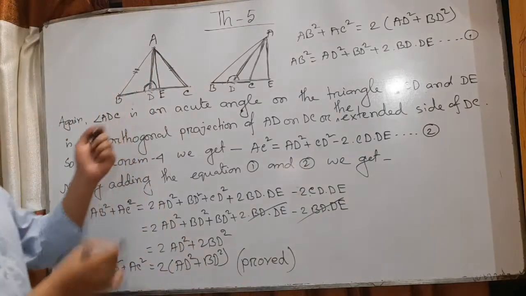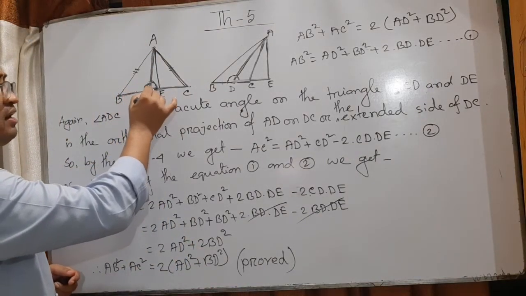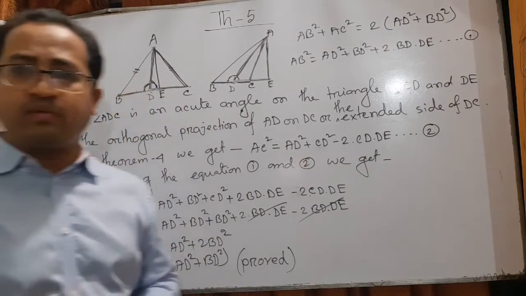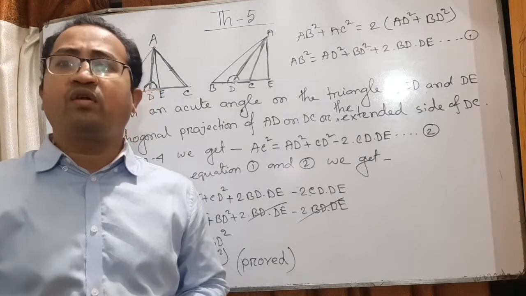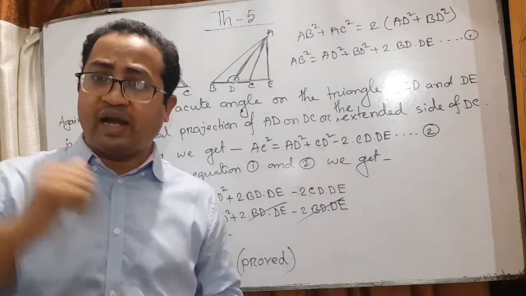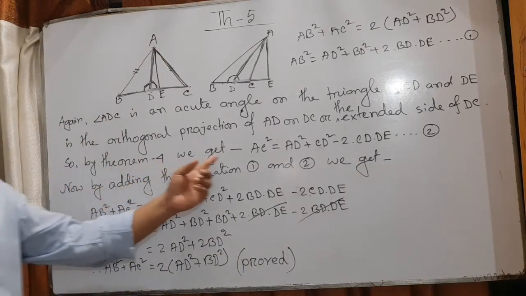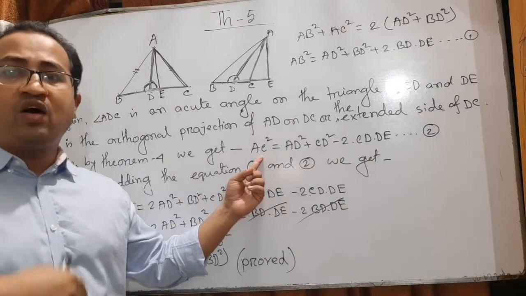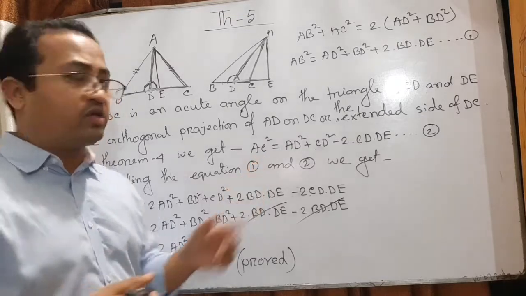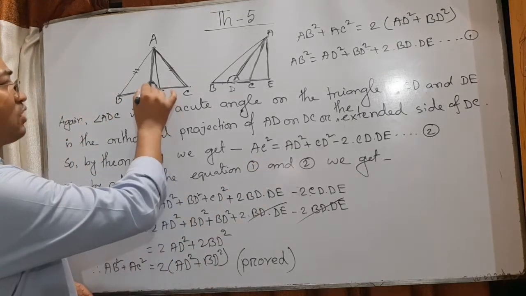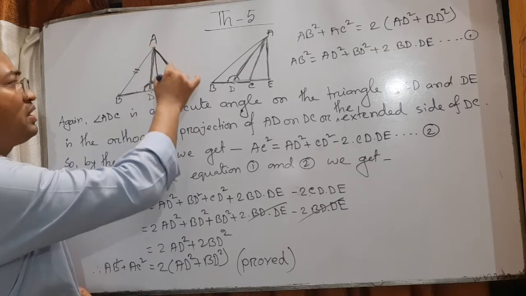Now look, this is an acute angle. If we apply theorem number 4 for the acute angle, what will it be? By theorem number 4 we get AC square, the side opposite the acute angle. It is an acute angle, so the opposite side will be AC.